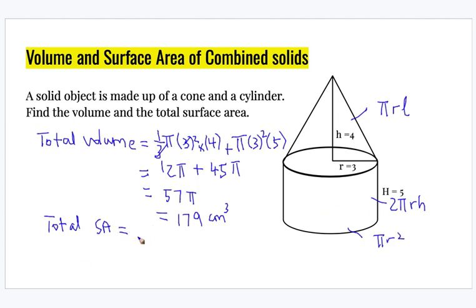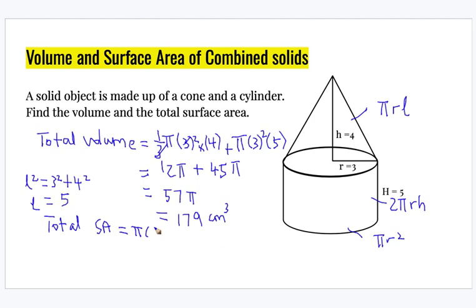So now this is pi r L. So again, we need to find the L. So L squared is 3 squared plus 4 squared, and L is actually 5.